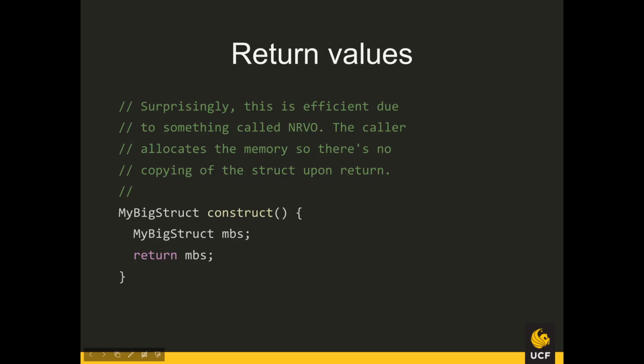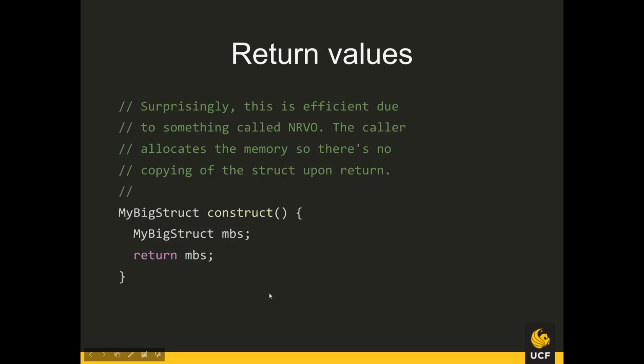Well, that copy is a really bad thing from a performance standpoint if this thing is big. So what the language designers did was they told the compiler vendors, hey, we're going to put in this spec that the compiler is allowed to elide that copy and optimize it away if it's reasonable. And it turns out that with this style of construction, it's a perfectly reasonable thing to do.